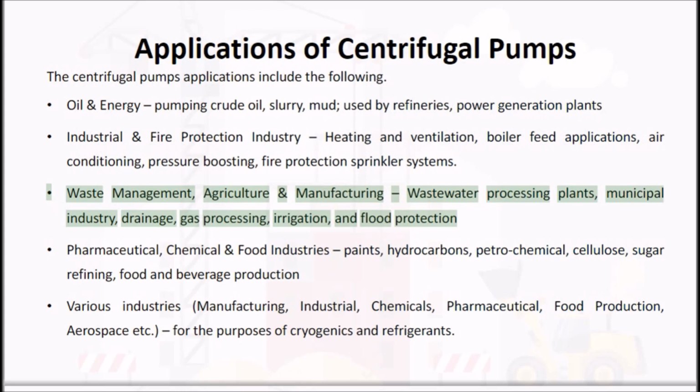Waste management, agriculture and manufacturing: wastewater processing plants, municipal industry, drainage, gas processing, irrigation, and flood protection.